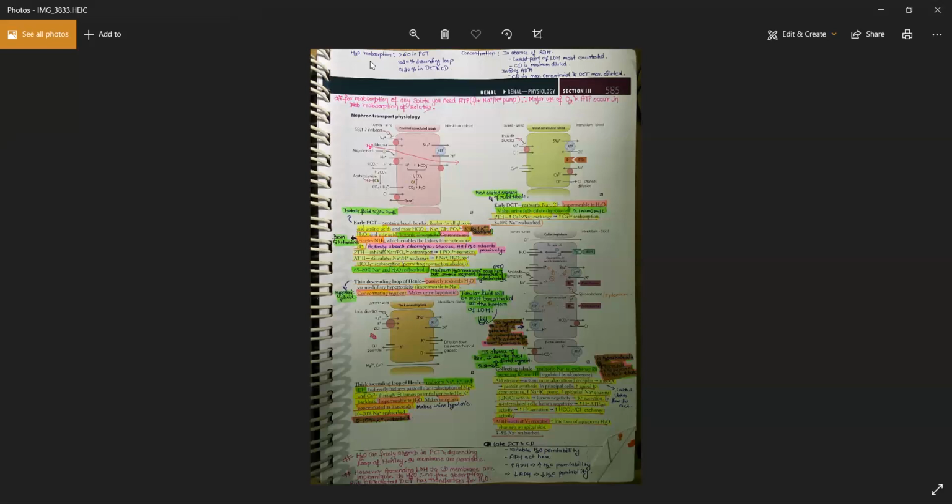Water reabsorption: it doesn't matter what the status of your body volume is, you will always have the highest water reabsorption in the PCT. Water can freely reabsorb up to the descending loop of Henle. From the ascending loop of Henle up to the collecting duct, water cannot be freely absorbed. It needs some transporters because the membranes are impermeable to water.